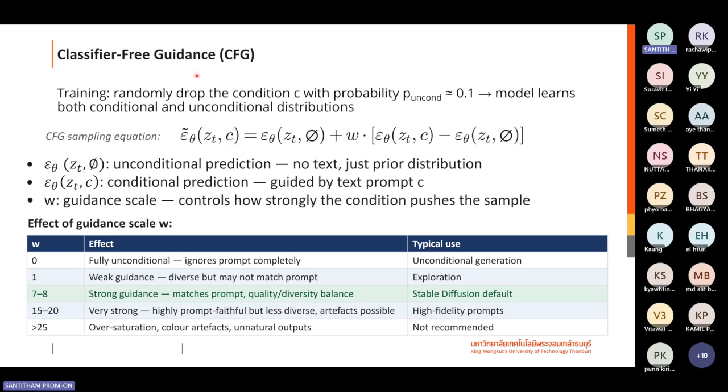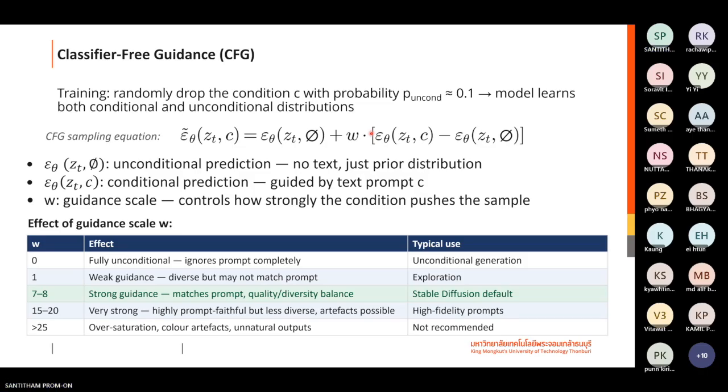You can have this to be the unconditional prediction. That is, there is no prior distribution, no latter part here. So you have only W times the prediction of the noise, or you can have the guided text C and also have guided text here in the positive part. You can have the negative part in here, right, to act as the subtraction of the noise from this.